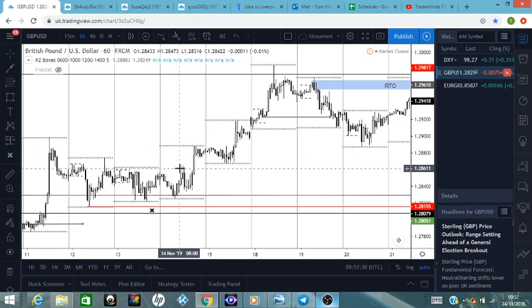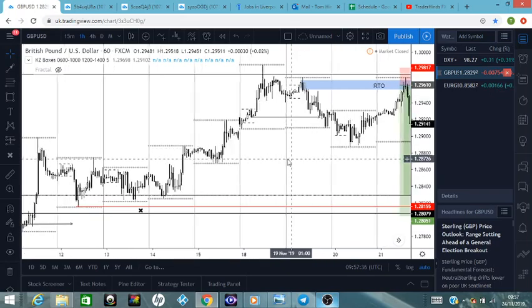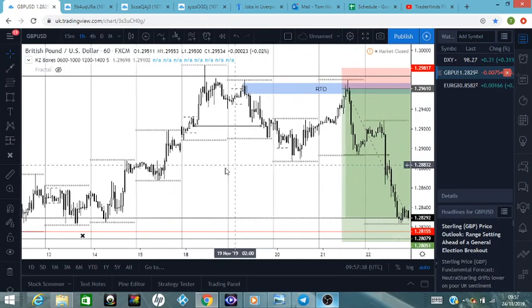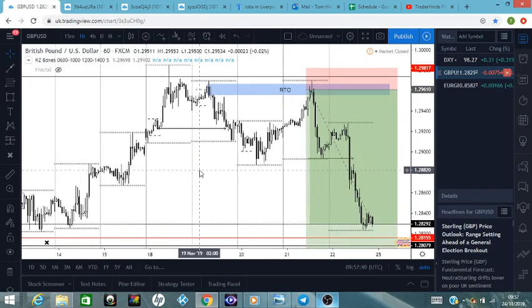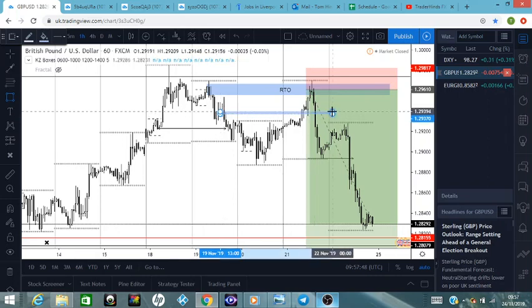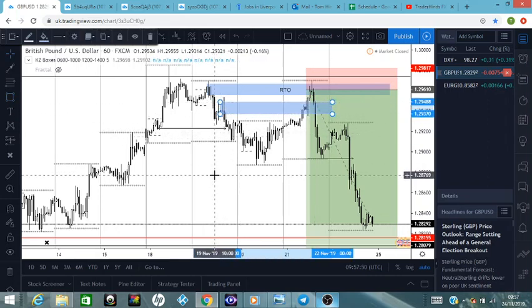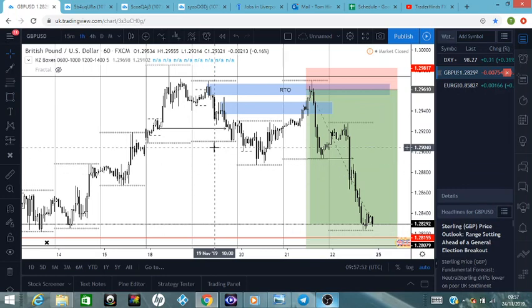And as we move along, I already had my target levels set up. As we move along, I made a very unusual mistake, picking the wrong return to origin block, which I used stupidly here. And the reason I used that is because I believe that the origin block occurred here.